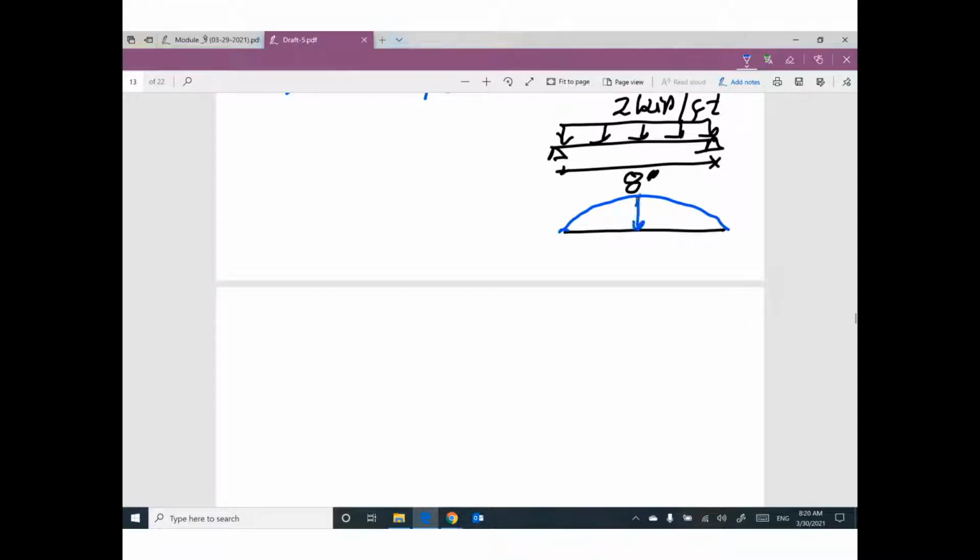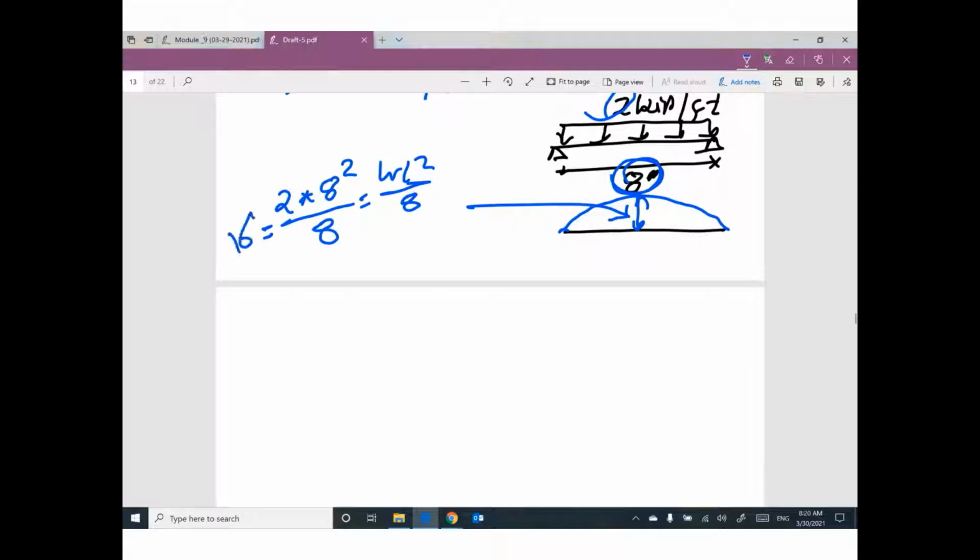This value of moment will be W L square divide 8. The value of W is 2, L is 8, square, divide 8. So your value will be 16.